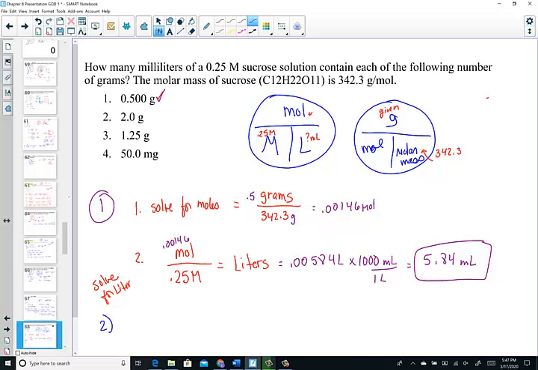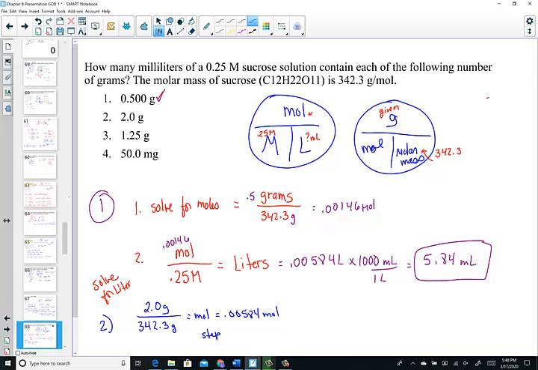In your second problem, we start with 2 grams of salt, still over 342.3 molar mass, and that's going to give us the number of moles. From there, 2 divided by 342.3, there's our step 1, solve for moles.